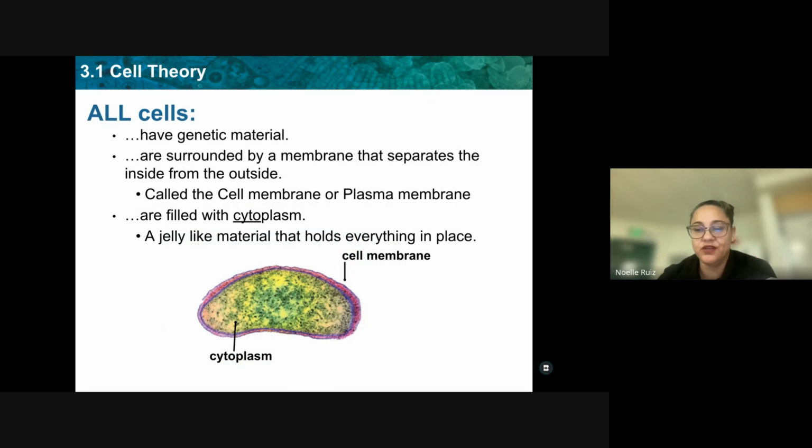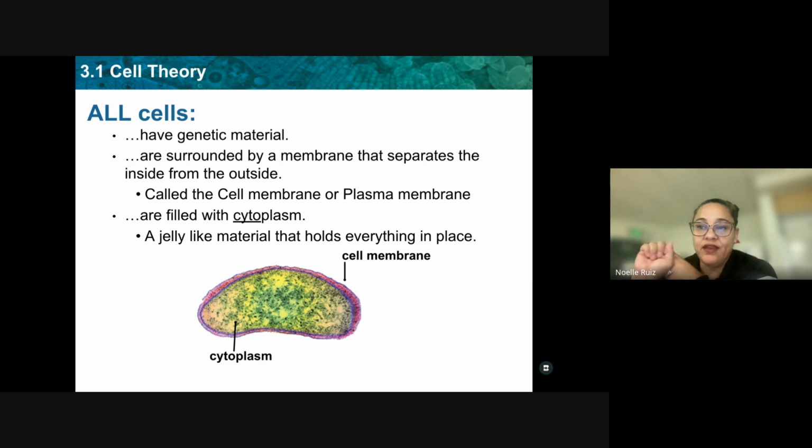So all cells, no matter what, big cells, small cells, complicated cells, simple cells, all cells have these three things in common. And this slide is going to be important for your end of notes assignment, but we'll come back to that. So all cells have genetic material. We talked in chapter 2 about nucleic acids. Those are our genetic material.